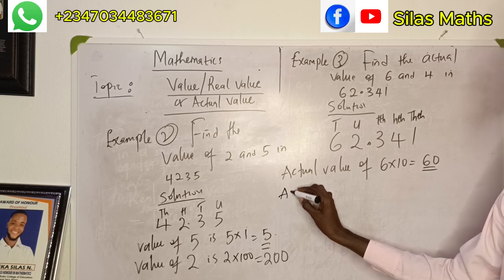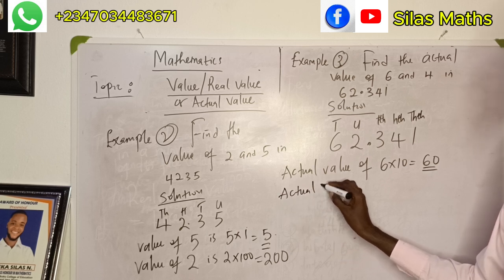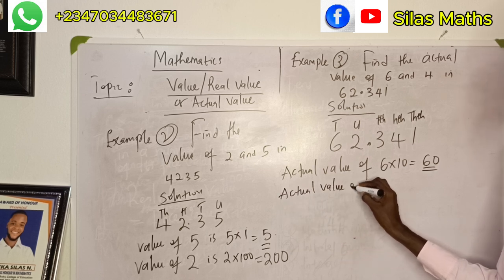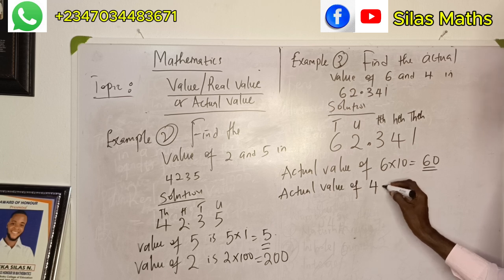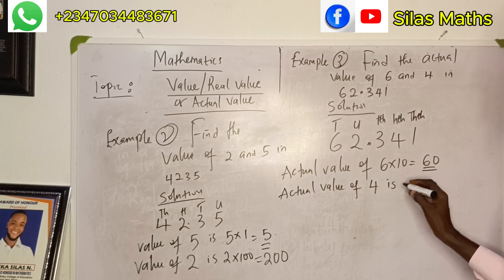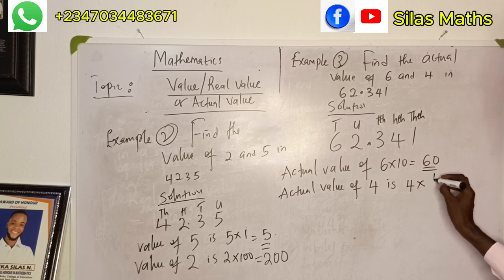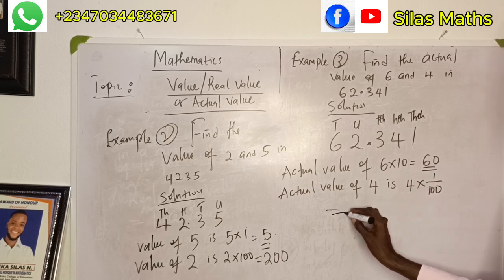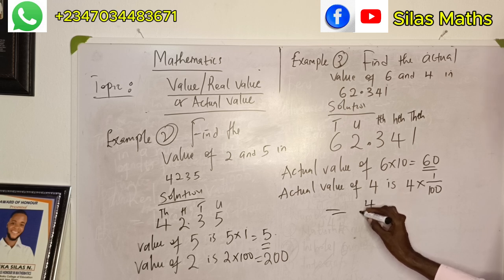So the actual value of 4 is 4, which is the face value, times 1 over 100. And 1 over 100 is going to give us 4 over 100.